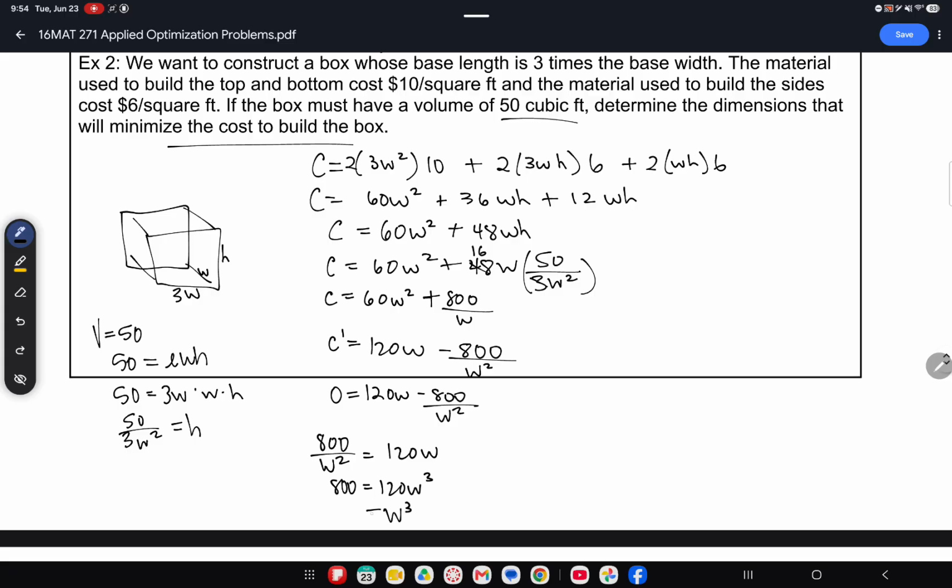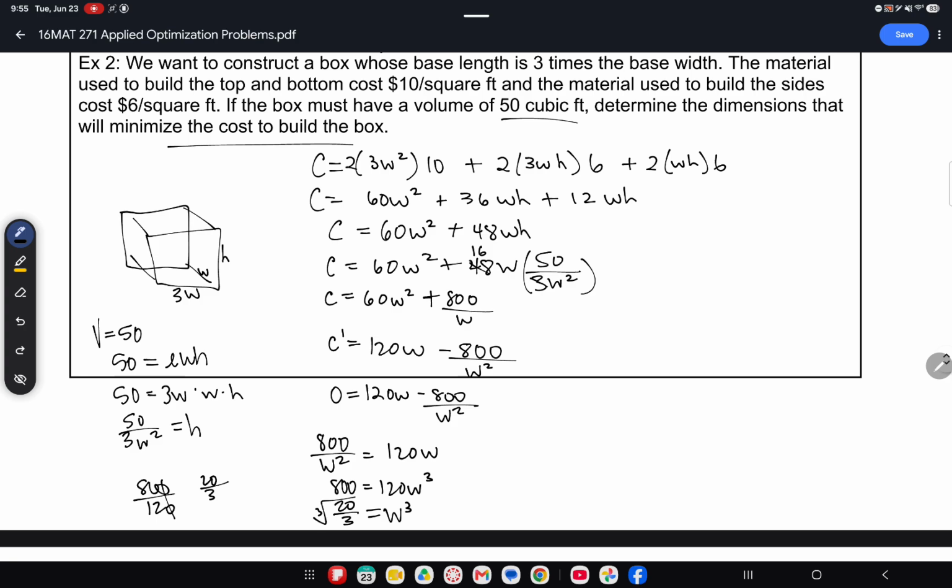And then dividing. Let's see, what's 800 divided by 120? Let it be a nice number. And it's not. Okay. As a fraction, let's see, 800 divided by 120. They both have zeros. They're both at least divisible by 4. So that's 20 thirds. But then I want the cube root of that.